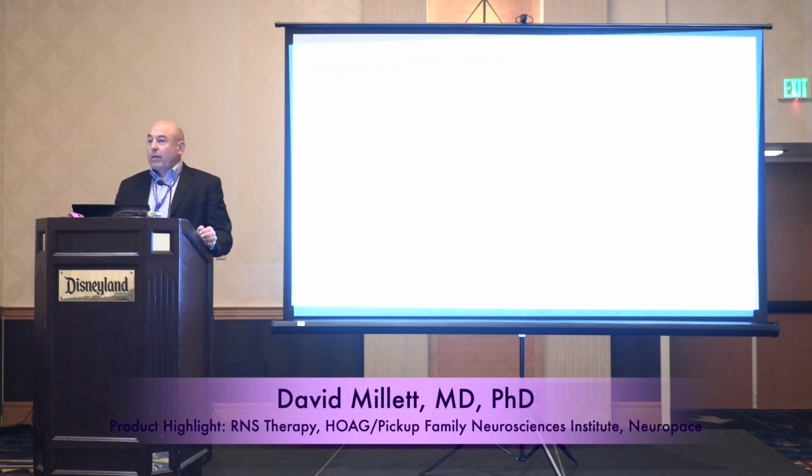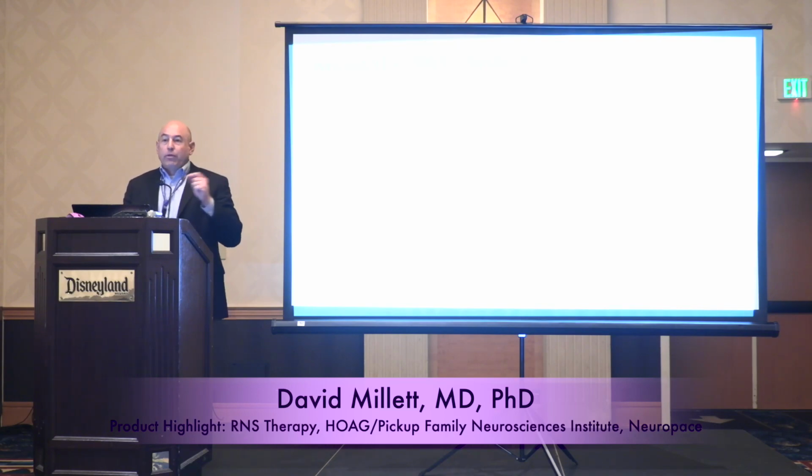So if you have seizures coming from both the left and the right temporal lobe, a surgical resection of one or the other is not going to result in seizure freedom, and thus we look for other alternatives. One of the good alternatives is the RNS system, because you can implant both right and left temporal lobes and treat seizures coming from both areas.